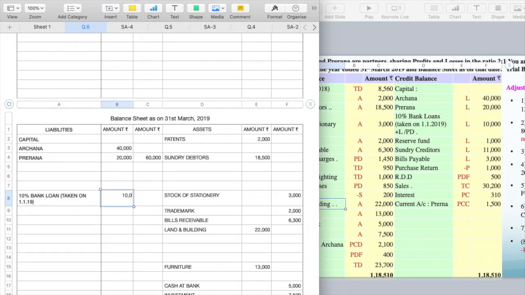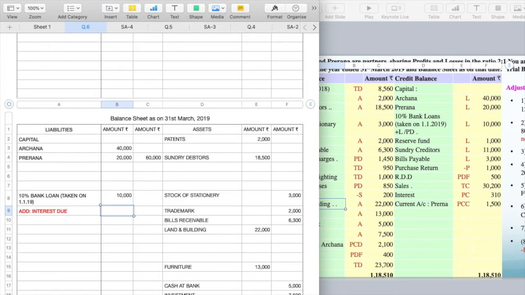Inner column 10,000. Now it's a hidden adjustment, so we'll do it simultaneously only. So it is an interest due, so it will be added to the loan because that much is our liability. So add interest due. If we calculate 10% on 10,000, it will be 1,000, but we are supposed to calculate for 3 months. Okay, so 1,000 is for 12 months.